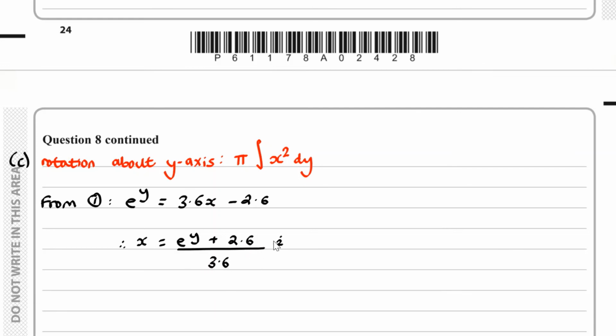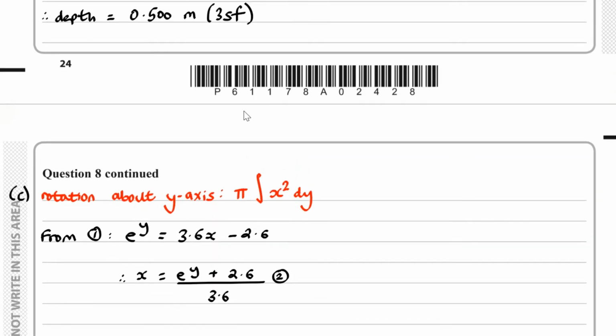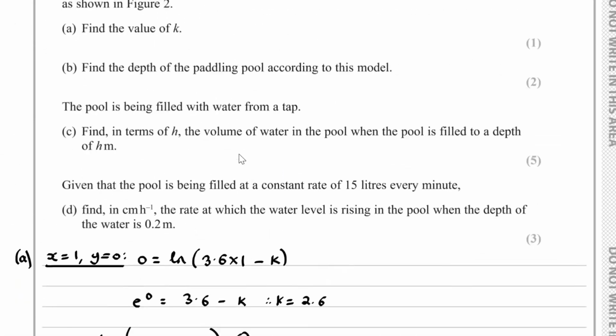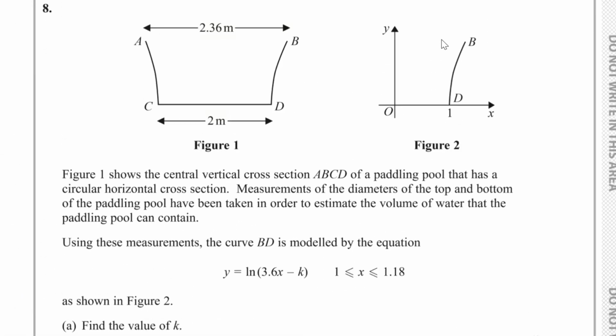We'll call this equation 2. And therefore, we can quite easily work out the volume. We're finding the volume in terms of h, so we're integrating from 0 to some point h.